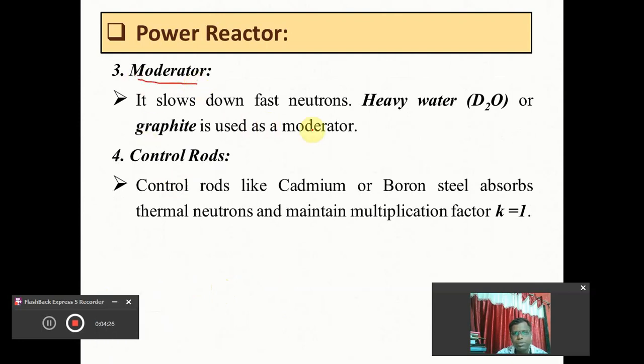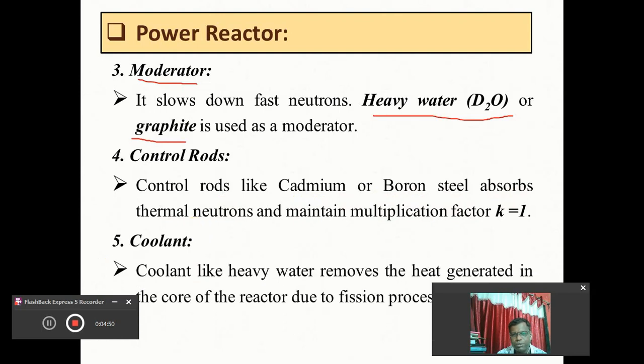Another component is the moderator. It slows down the fast neutrons released in the nuclear reaction. As a moderator, heavy water, called deuterated water, or sometimes graphite is used. Control rods are steel or cadmium boron steel alloys which absorb thermal neutrons and maintain the multiplication factor K equal to 1, so the rate of nuclear reaction stays steady.